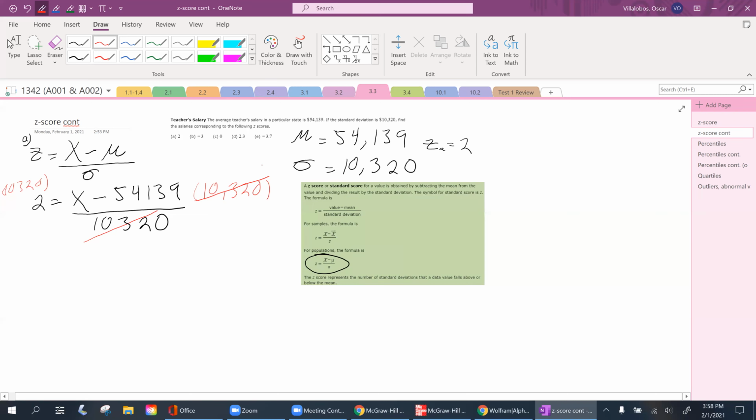And 2 times 10,320, that's going to give me 20,640 is equal to X minus 54,139. And last but not least, we're trying to solve for X. I'm going to add this to both sides.